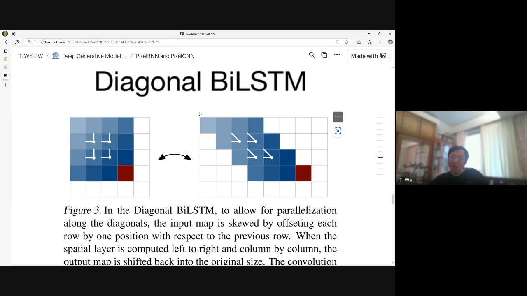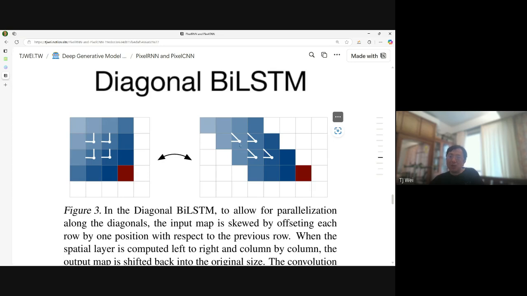So you can see that each column has the same importance, or the same priority, because they have the same shade of color, which indicates the priority of these things.